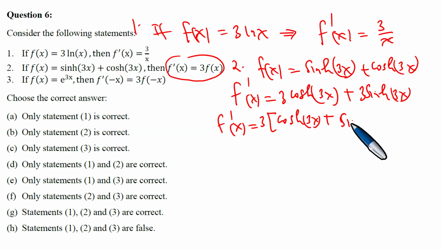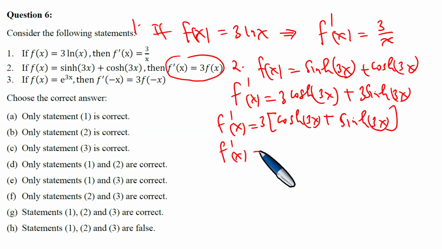And then this is actually the hyperbolic sine of 3x. And what is actually the f primed? If you have the hyperbolic sine of 3x plus the cosh of 3x, it is actually f of x. So f primed is indeed f of x. So that means that these first two are indeed correct.